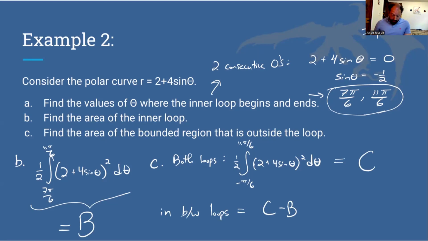Yeah, so like I said, there will be some identities given in the homework to help you compute some of these integrals. To compute this one, your first step would be to actually square 2 plus 4 sine theta, right? So that's 4 plus 16 sine theta plus 16 sine squared theta.